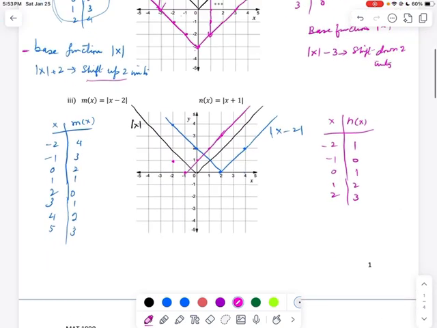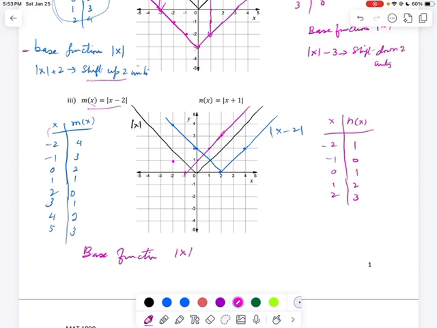In the second example, now I am taking another base function. If you notice, what is the base function here? The base function is again absolute value of x, and then we are trying to find the graph when the function is absolute value of x minus 2.